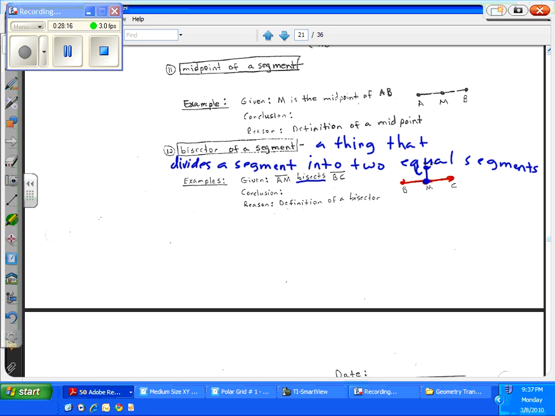So if we're given that segment AM bisects segment BC, we can reach the conclusion that segment BM is equal to segment MC.